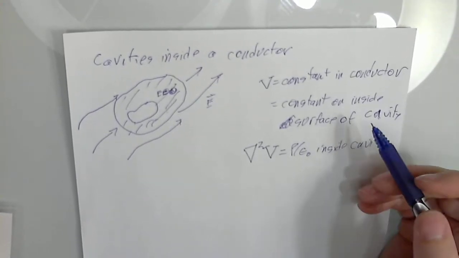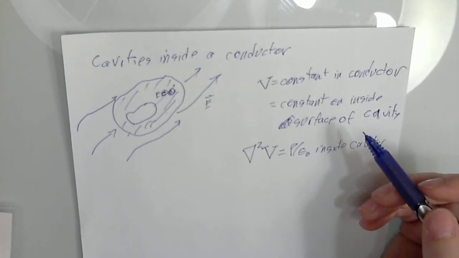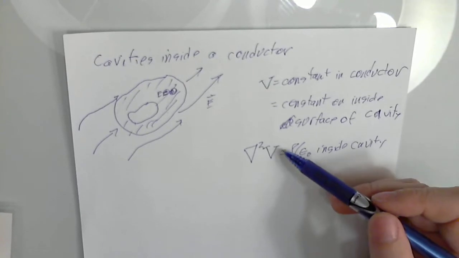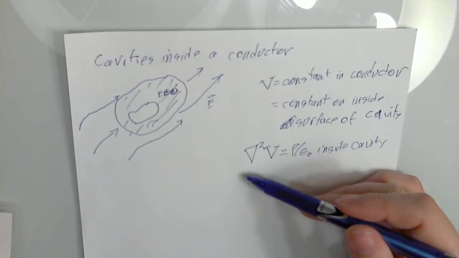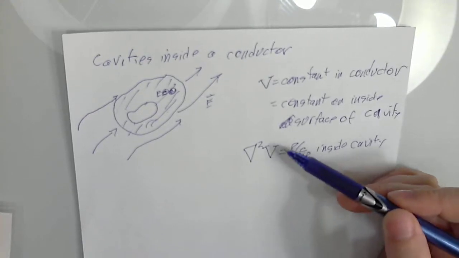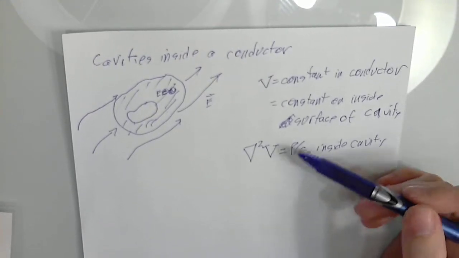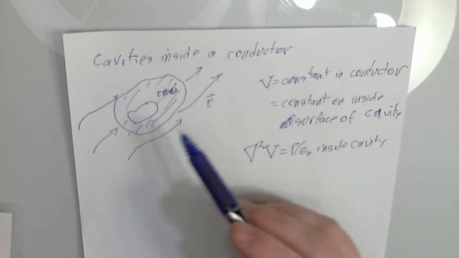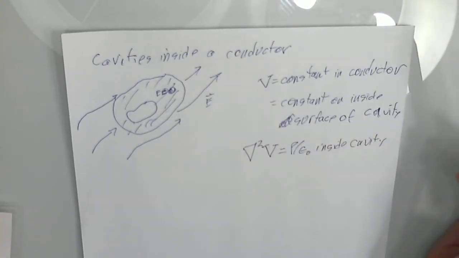And so we're left to answer the following question. What function of space, V, has no curvature and no second derivatives, or the second derivatives cancel, and has a constant value everywhere on the outside edge of something?